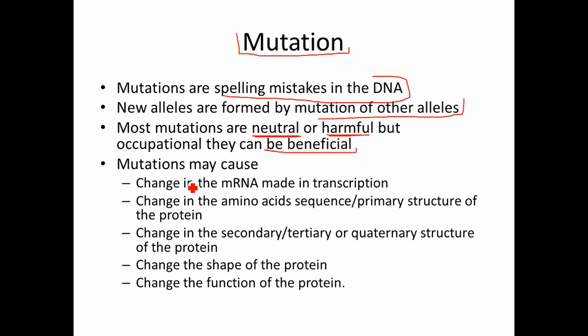Mutations may cause a change in the mRNA made in transcription, a change in the amino acid sequence, which will then cause a change in the secondary and tertiary structure, or even the quaternary structure. A change in tertiary structure will change the shape of the protein, and if we change the shape of the protein, you may get a different function of the protein, or you may alter the function slightly.